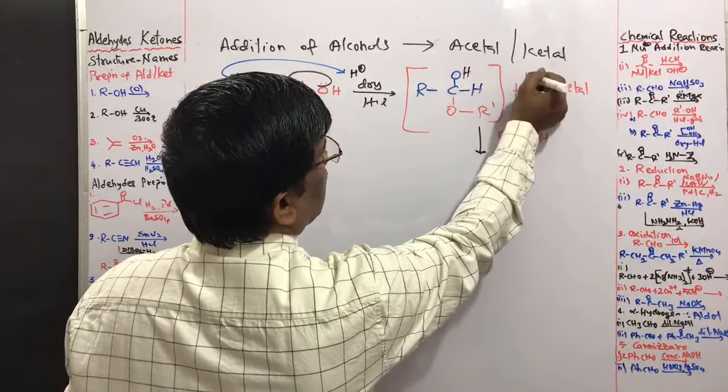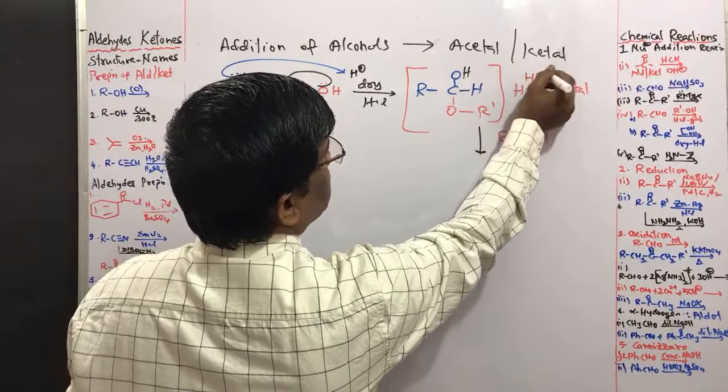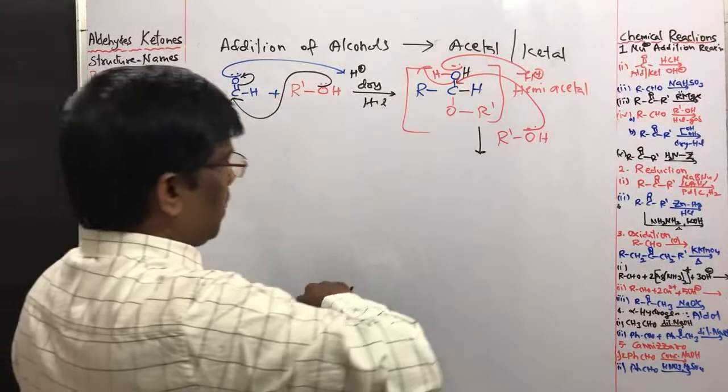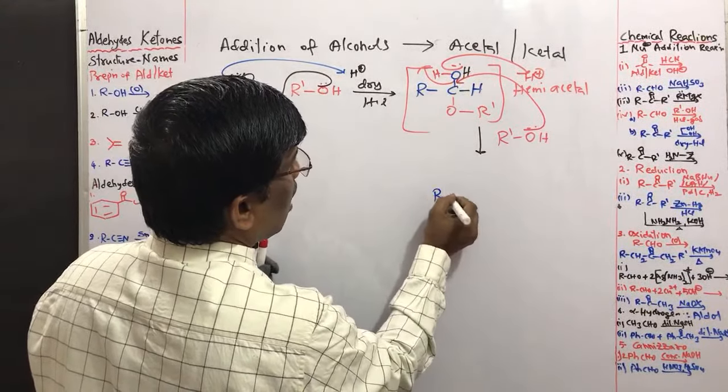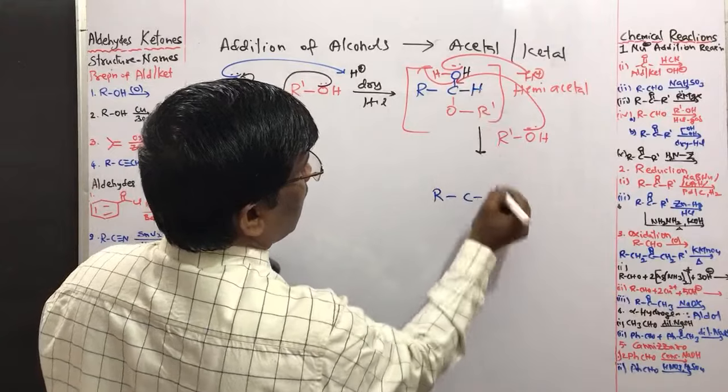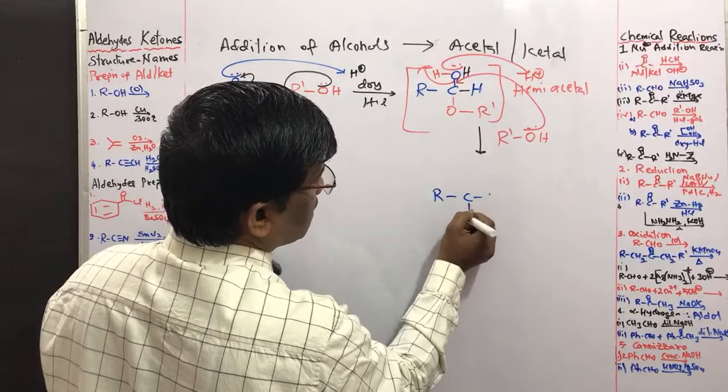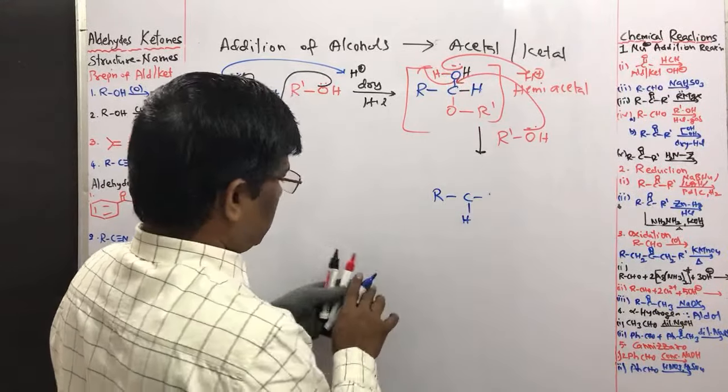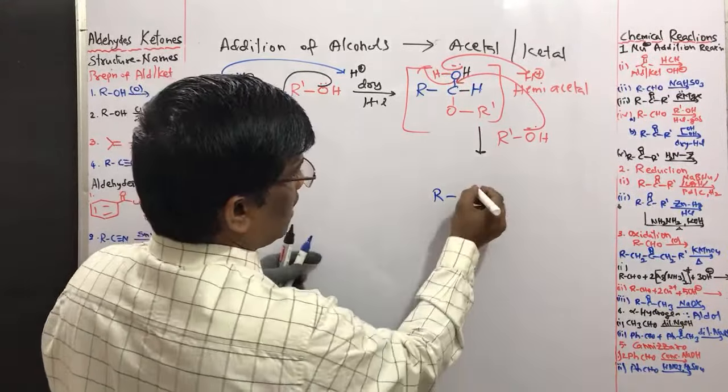This is going to take up H plus to form this water-like molecule, and this is going out and it is going to come in to form R, C and H. I am going to write this side, and this is OR prime, and this is OR prime.